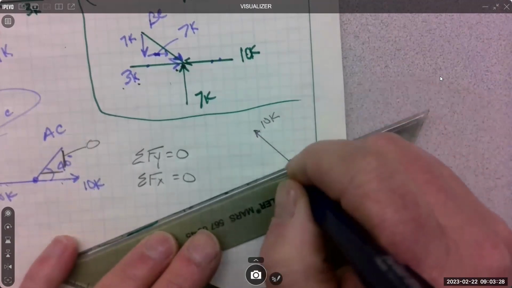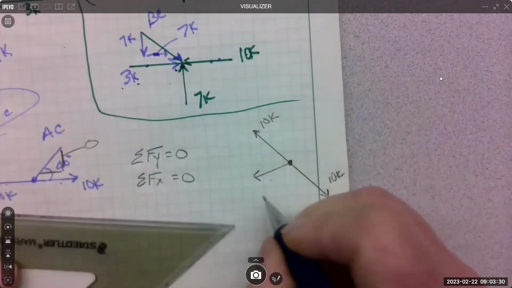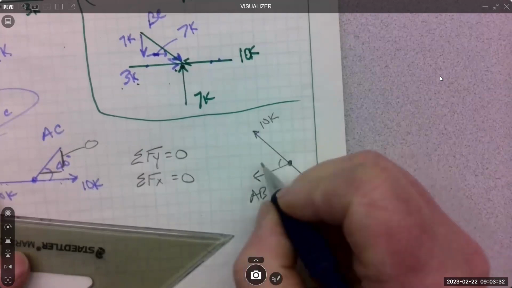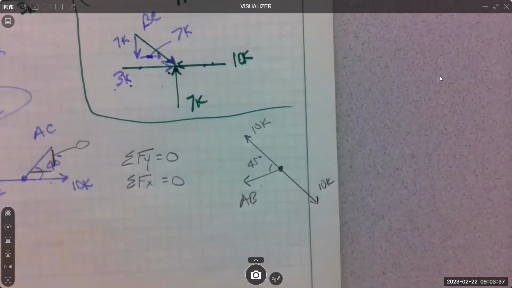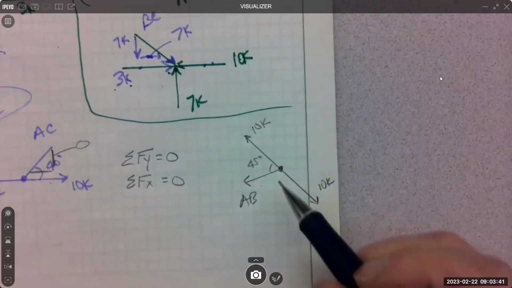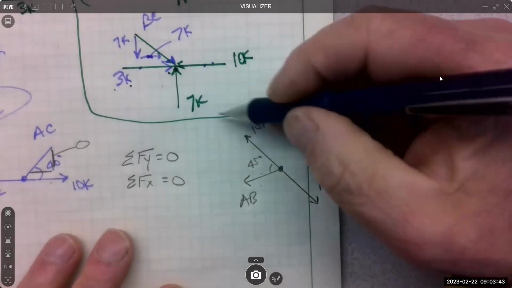Yeah, same thing, still zero. This has got to be zero. These are in line with each other.